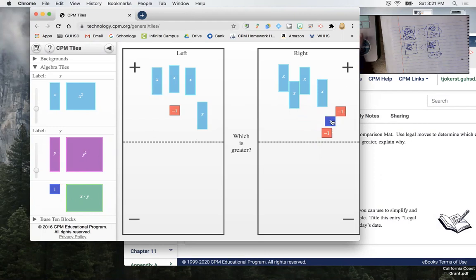And these two cancel, pull them off, and look at that, which one is greater? Well, it looks like these ones are actually equal to each other. So this is 4x minus 1, this is 4x minus 1. So which one is greater? Neither one is greater. They are equal to each other.